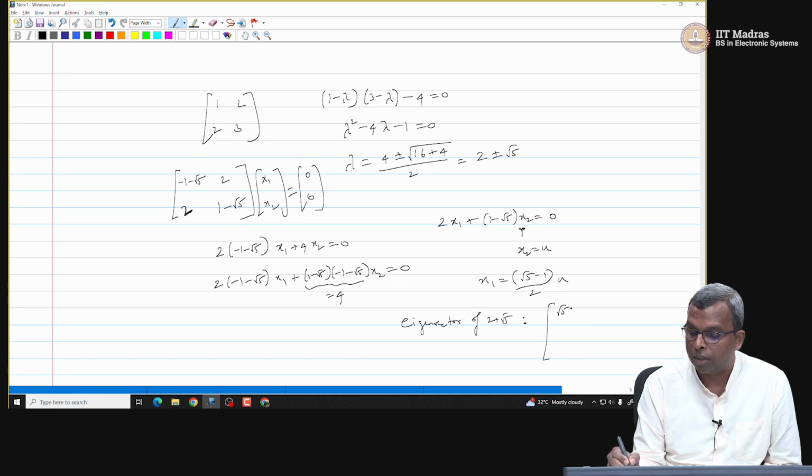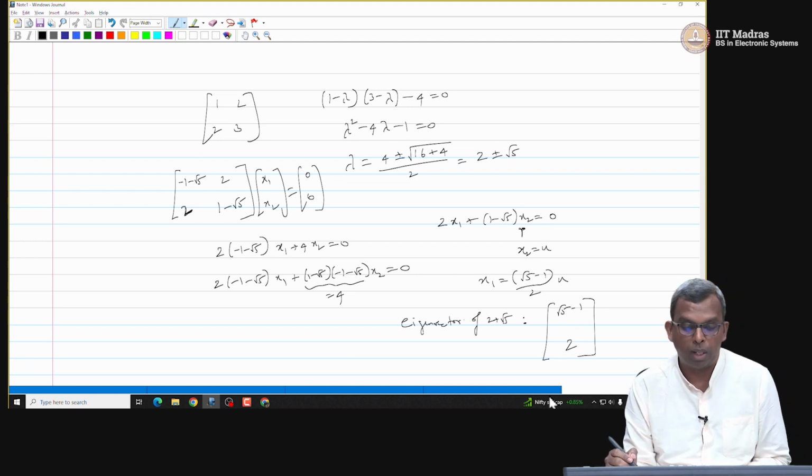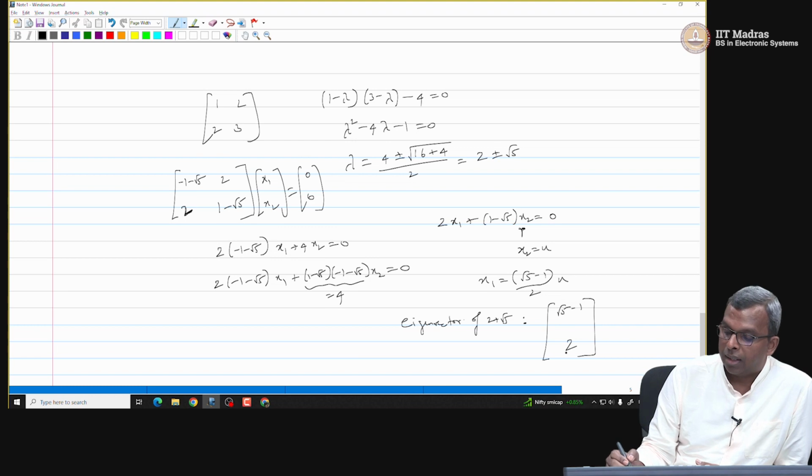So, you get root 5 minus 1 by 2 comma 1. Okay. So, you can do any scalar multiple of this. Just for simplicity, I will keep it as root 5 minus 1, 2. Okay. So, that is my eigenvector with eigenvalue 2 plus root 5.